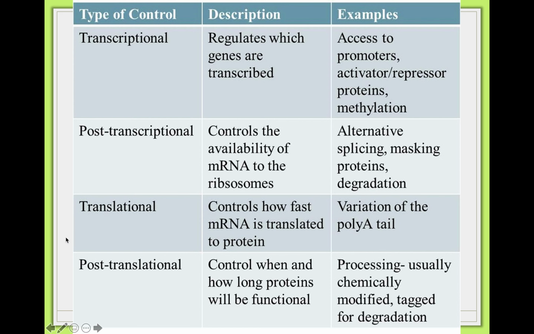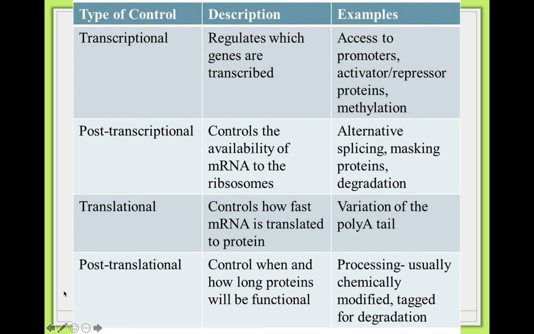Next, when your mRNA is translated, you get your protein. Translational control controls how fast mRNA is translated to protein. How fast or slow is crucial, because certain proteins need to be made at just the right moment, and sometimes they need to be expressed constitutively. An example is the variation of the poly A tail.